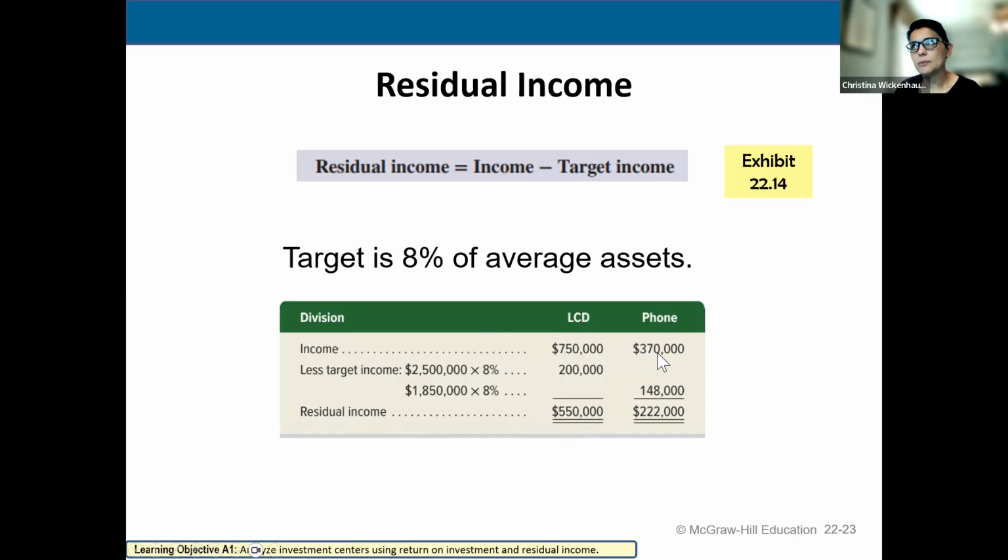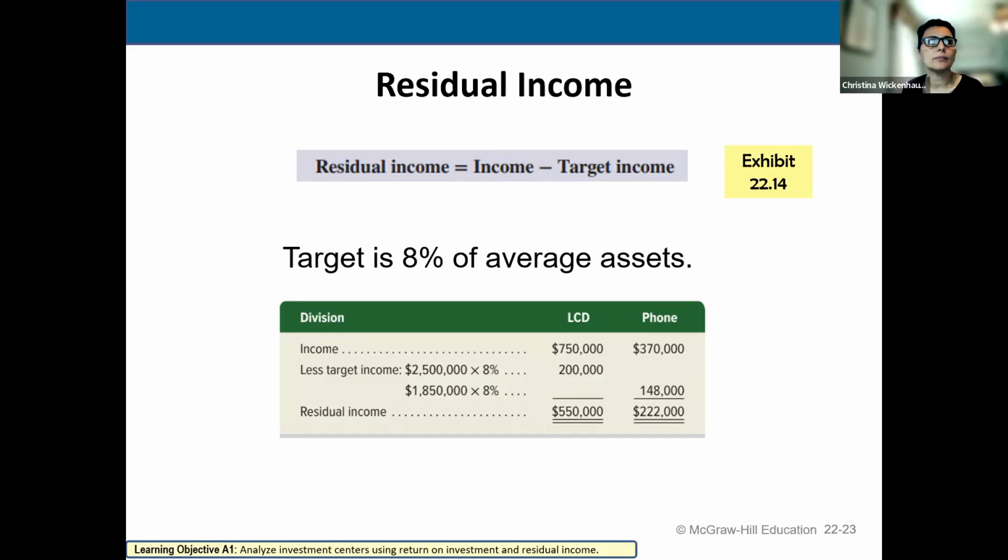The actual income for phones was 370. They had a target income of 1.85 million times 8%, which is 148,000. So when we subtract that, we have a residual income of 222.